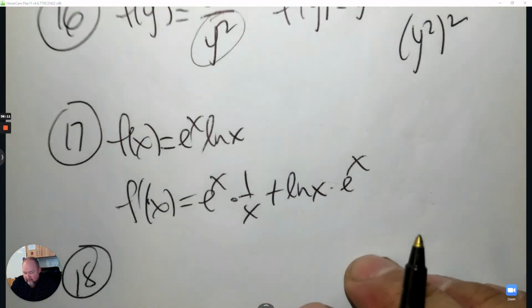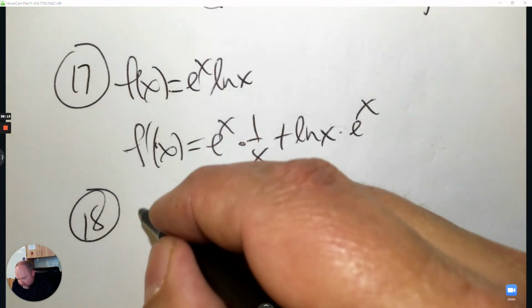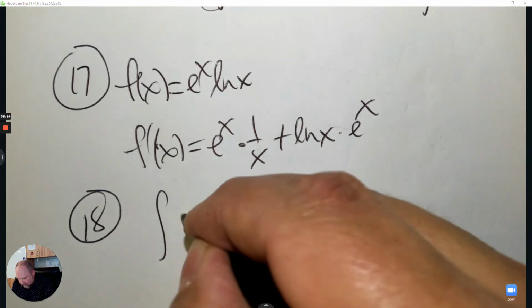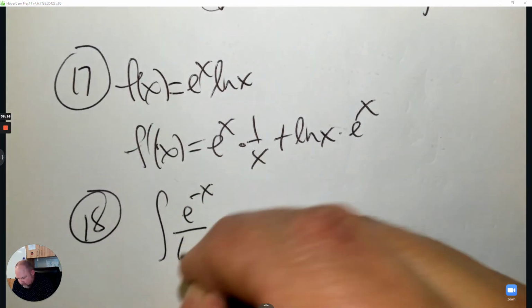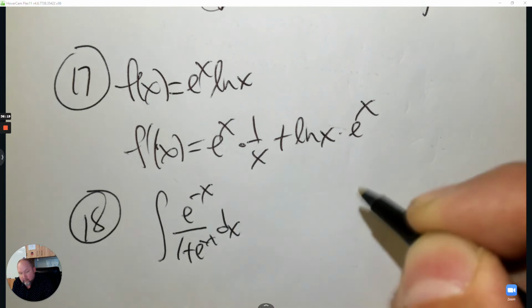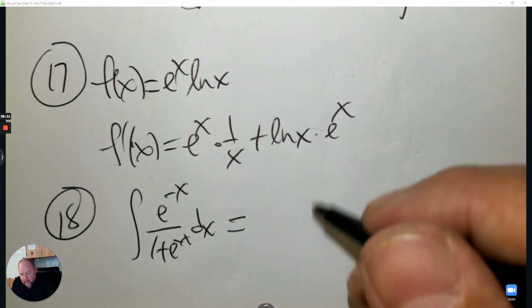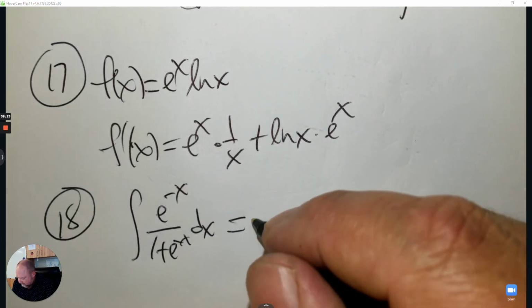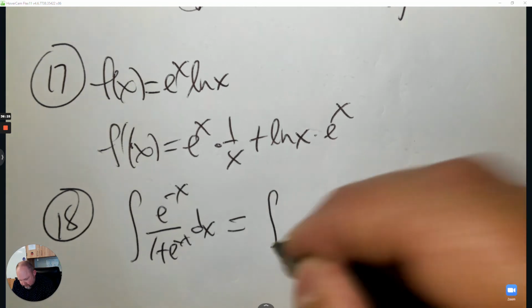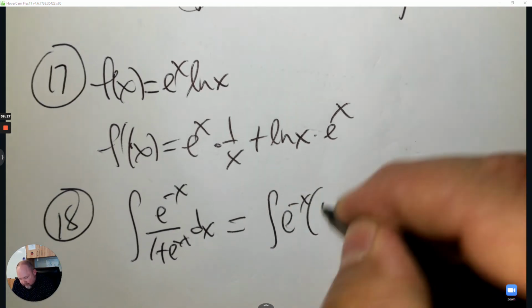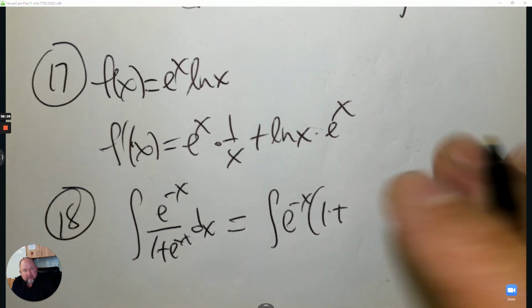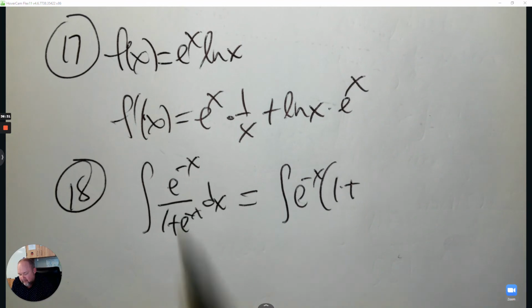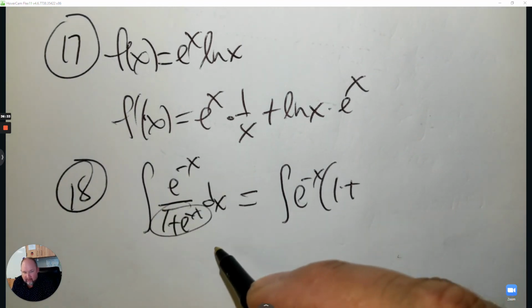18. Anti-differentiation, so I've got to go the other way. I've got to integrate this. A good place to start, write it calculus friendly. Actually, don't even do that. I just think, take the derivative of the denominator.